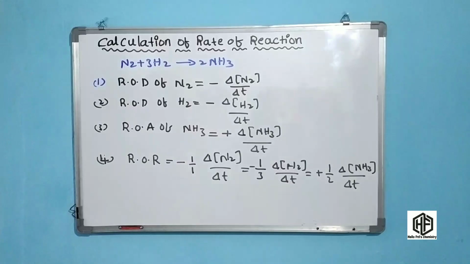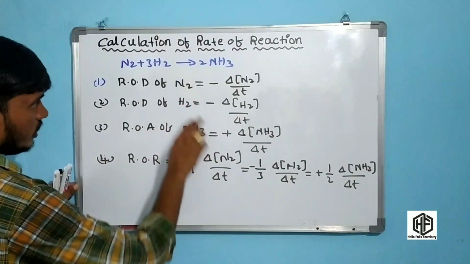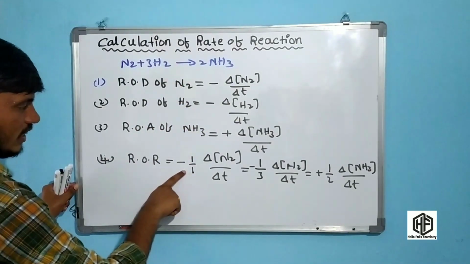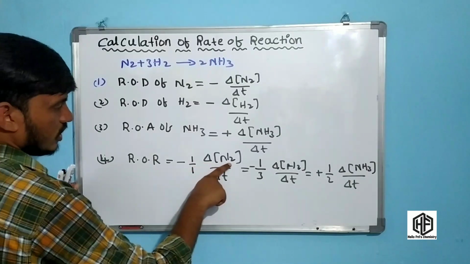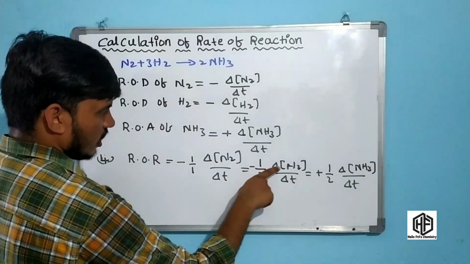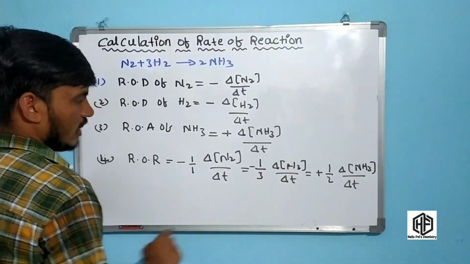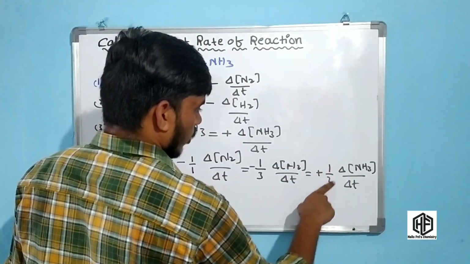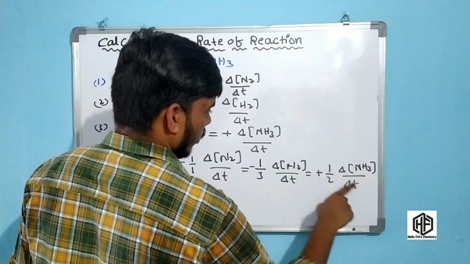This is the concept of the calculation of rate of reaction. In this example, the rate of reaction is minus change in concentration of N2 by delta t, equal to minus 1 by 3 change in concentration of H2 by delta t, equal to plus 1 by 2 change in concentration of NH3 by dt.